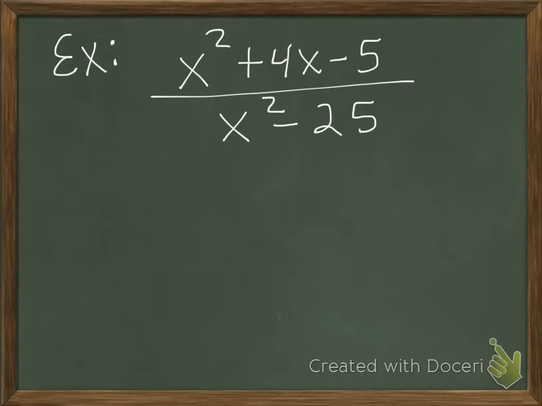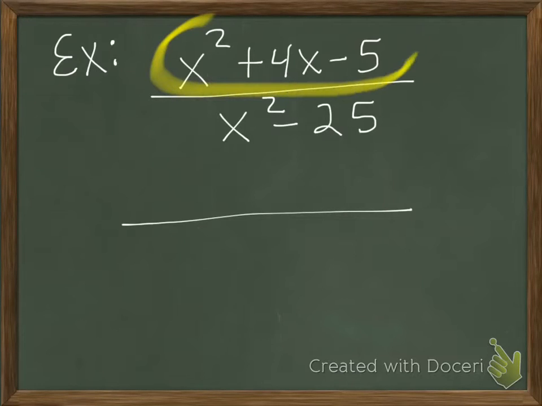I have an example, x squared plus 4x minus 5 divided by x squared minus 25, and I'm going to do my three steps. My first step is to factor. So I'm going to look at the numerator first, and I'm going to factor x squared plus 4x minus 5. If you recall from factoring, I'm looking for numbers that multiply to give me negative 5 and add to give me positive 4.